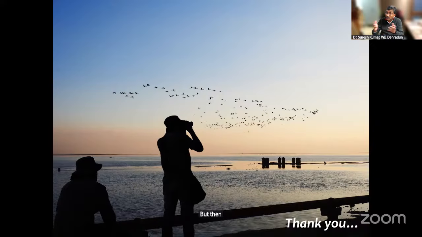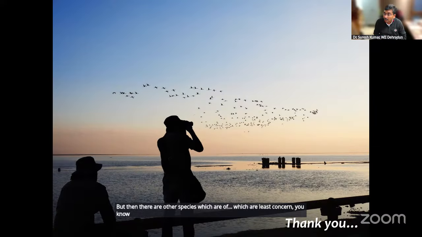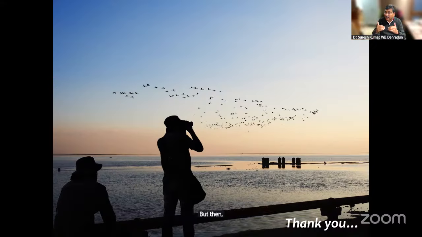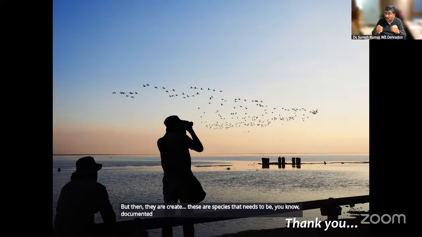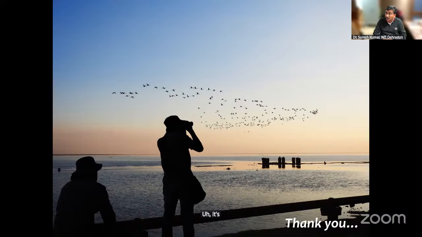But then there are other species which are of least concern from a conservation priority status. These species at this point of time may be very many, but they need to be documented in terms of where they are coming from and which are the stopover sites. So what we see today as common may not be common in the future.